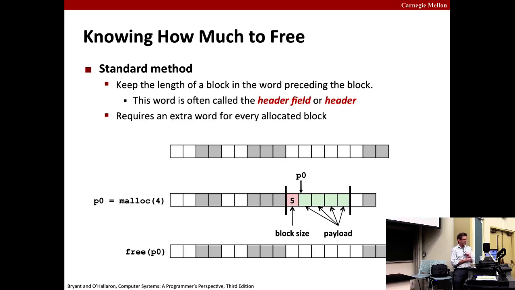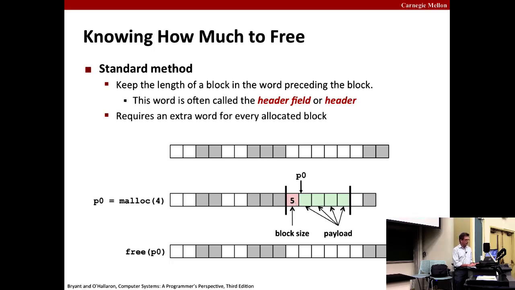So how big are our block sizes? The standard method is to keep a word-size quantity at the beginning of each block that gives the size of that block in some units.